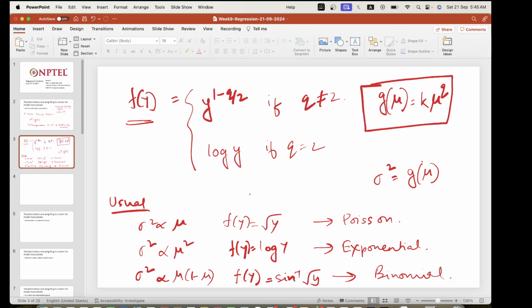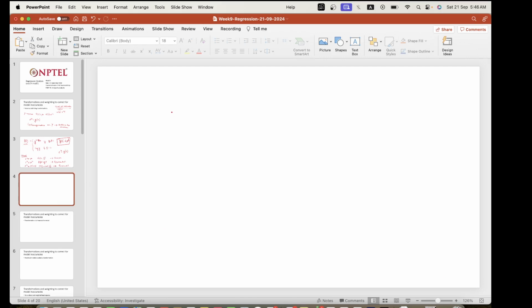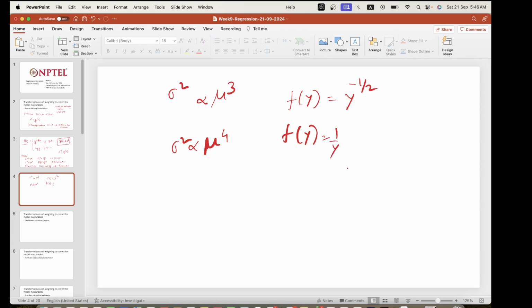We also learned a couple of others. If sigma square is proportional to mu cube, then f of y equals y to the power minus half. And if sigma square is proportional to mu to the power 4, we have f of y equal to 1 by y, and so on.